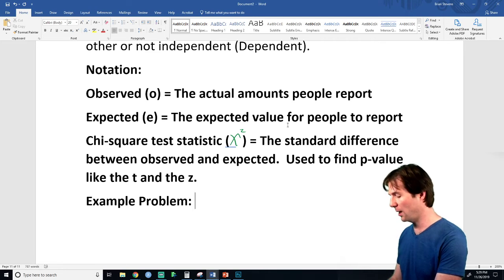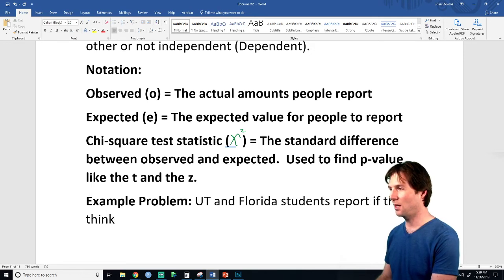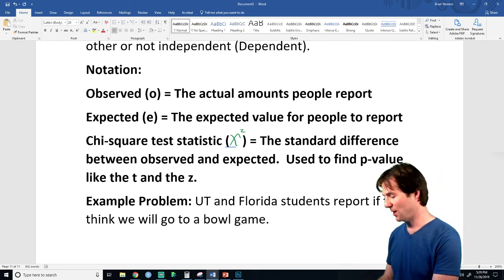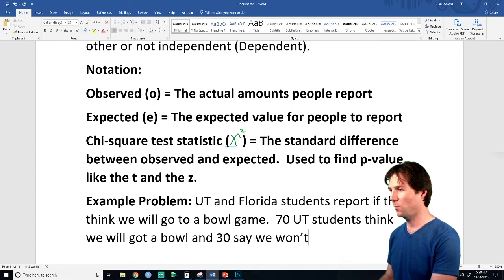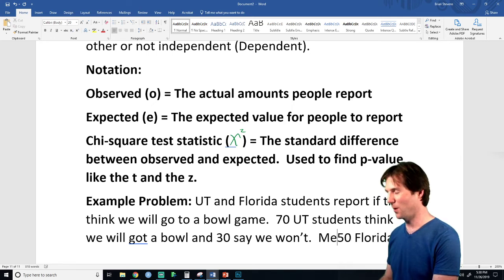And what do we have? UT wants to see if UT and Florida students report that they think they will go to a bowl game. Let's say 70 UT students think we will go to a bowl game, and 30 say we won't.